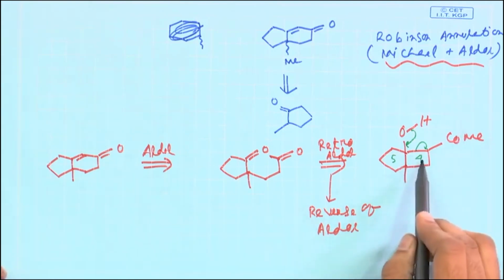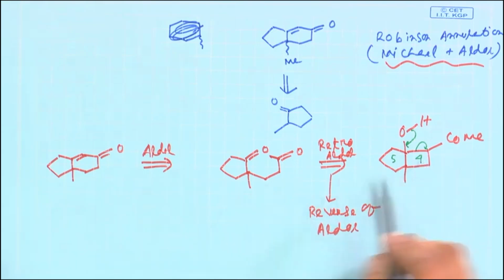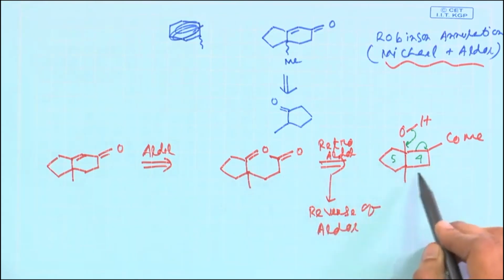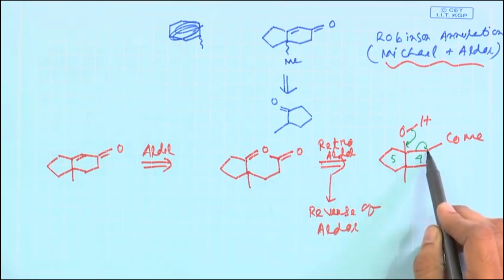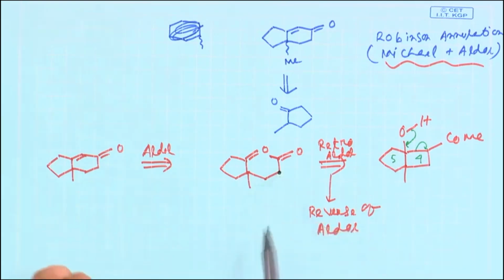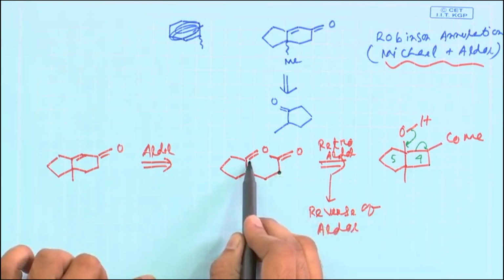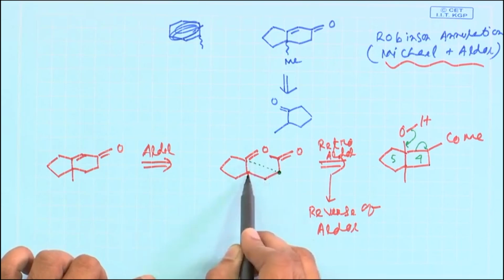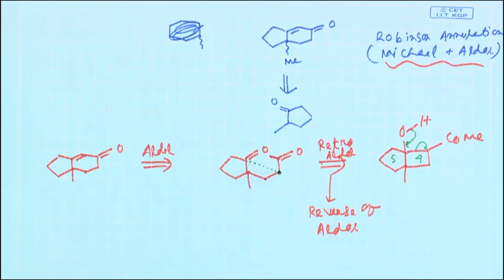So, then if you have a retroaldol kind of transformation, that will basically give you C double bond O here, CH2 CH2, this is the CH2 which is going to originate after the cleavage. So, in principle the cleavage is like this. This is a 4-member ring 1, 2, 3, 4. Okay. So, this is the cleavage.